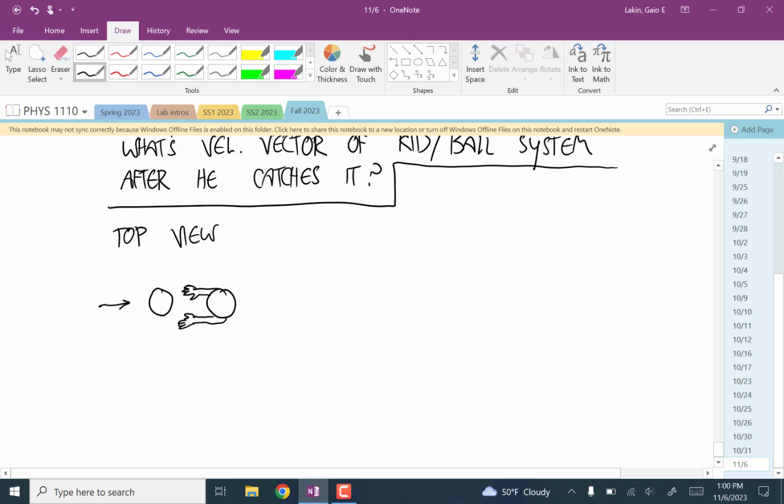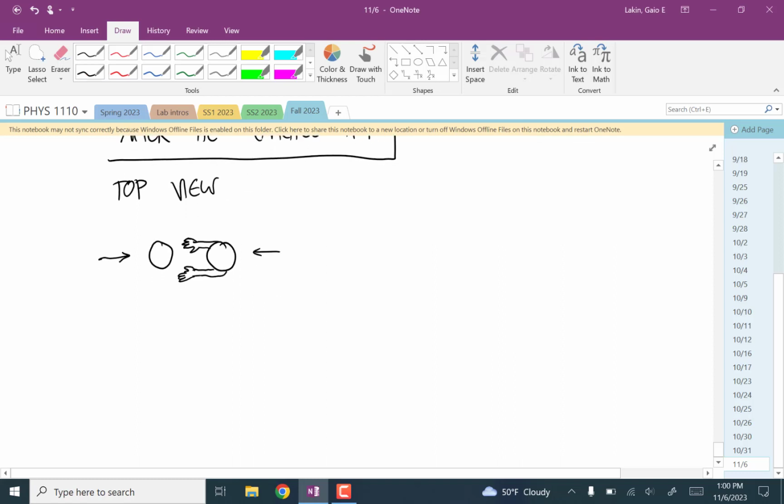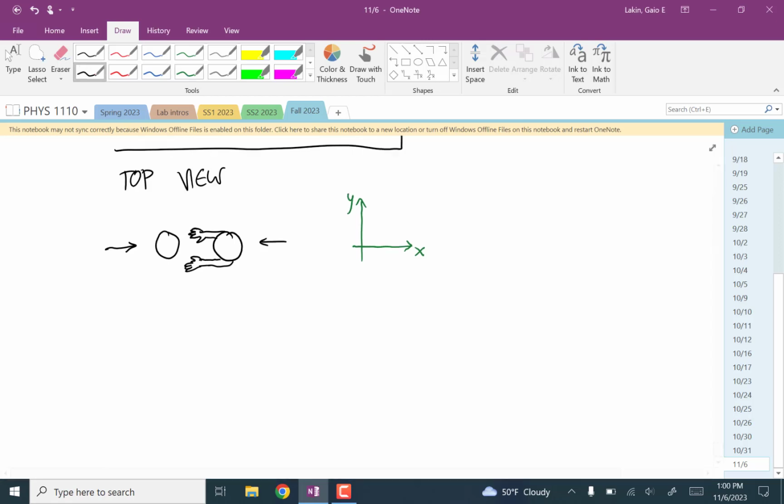The ball's coming this way. The kid's coming this way. Now, if our coordinate system is this, there's no net force in this coordinate system, so we can use conservation of linear momentum.